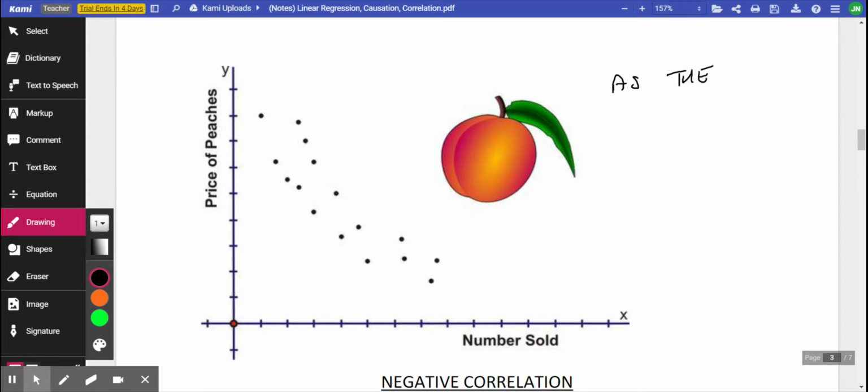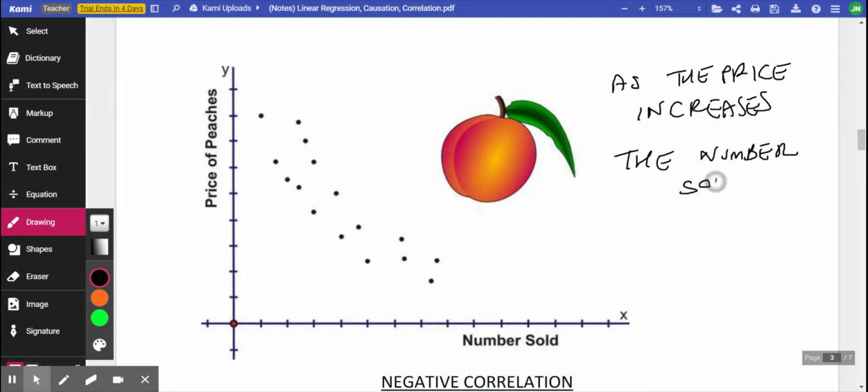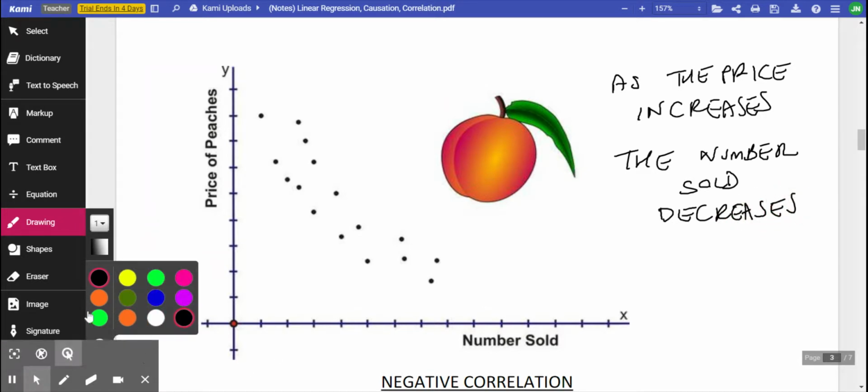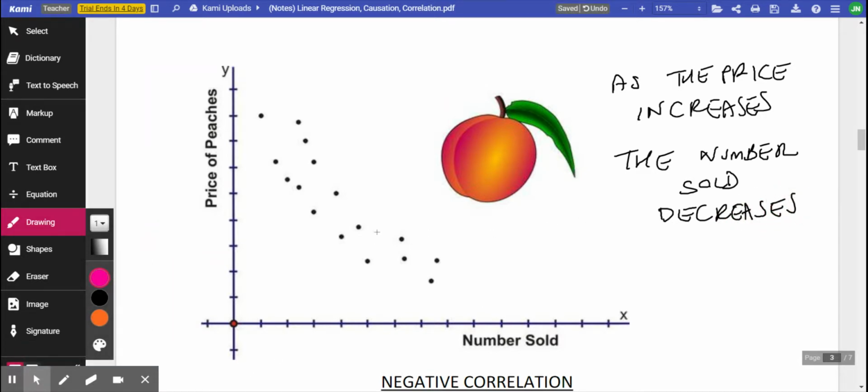So as the price increases, the number sold decreases. This is called a negative correlation, because rather than the line going upwards, this line goes downwards, because as the price increases, the number sold decreases.